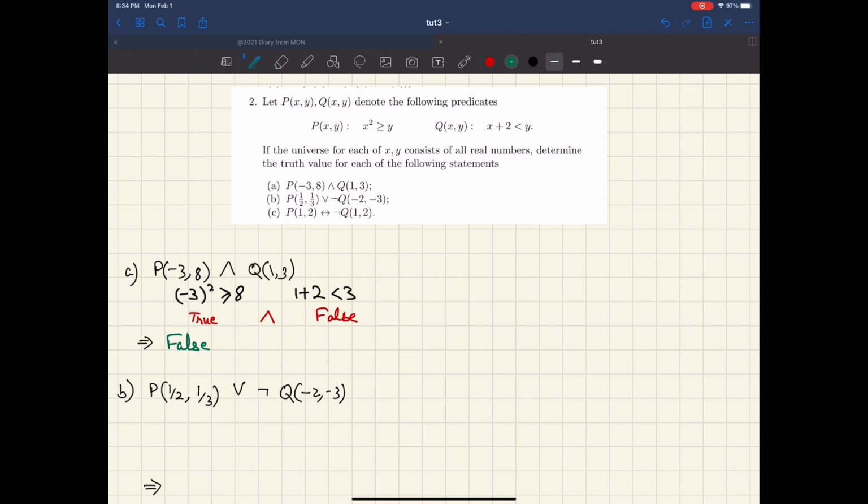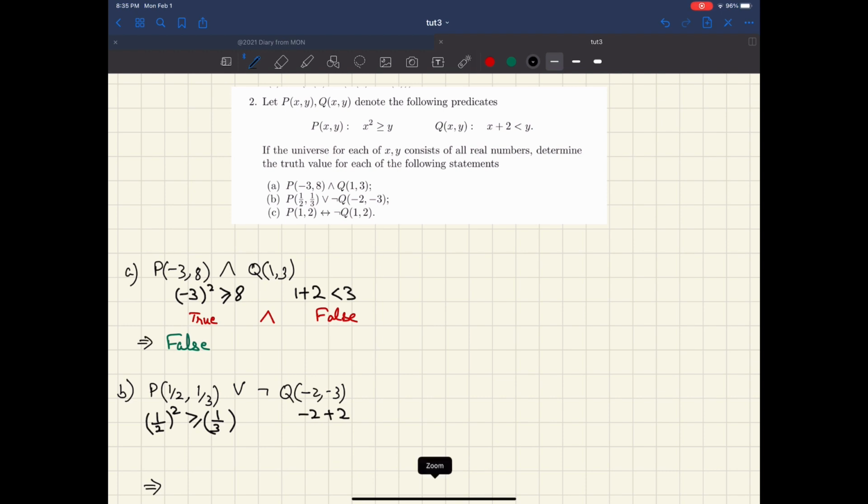For the second part, we have P of 1 by 2, 1 by 3, or negation of Q of minus 2, minus 3. So 1 by 2 squared should be greater than or equal to 1 by 3 as per the definition of P. And for Q, we have minus 2 plus 2.